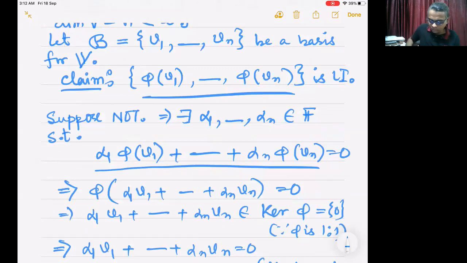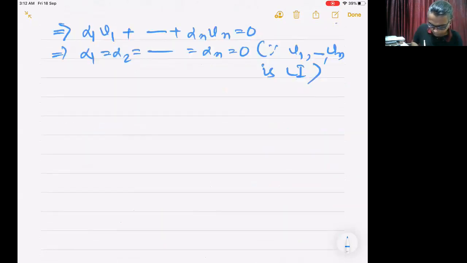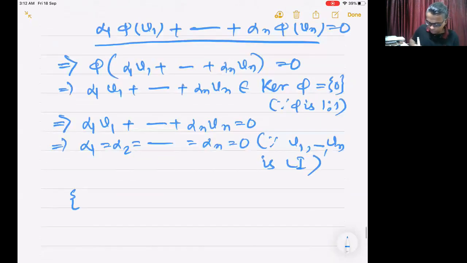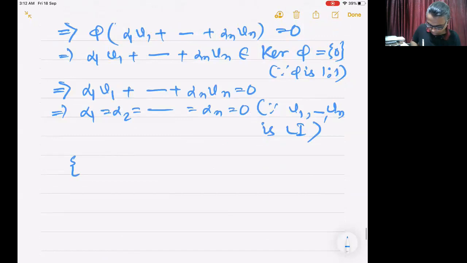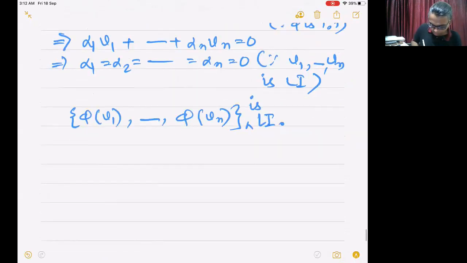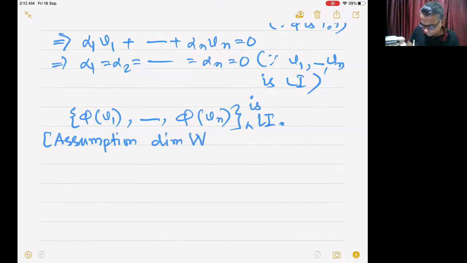Okay, so then what we have is phi v1 up to phi vn must be linearly independent. At this point, we make one more assumption which makes our life much easier. Assumption: dimension W is equal to m, which is fine.